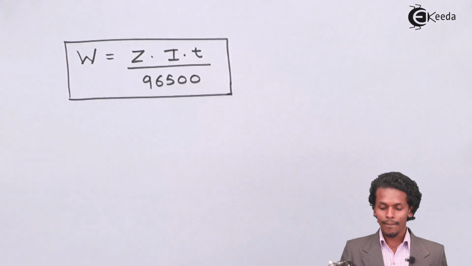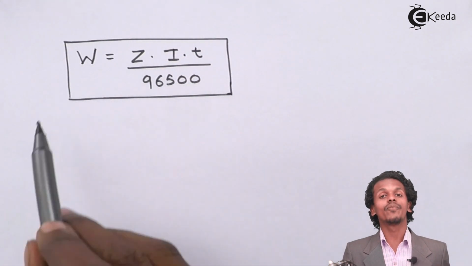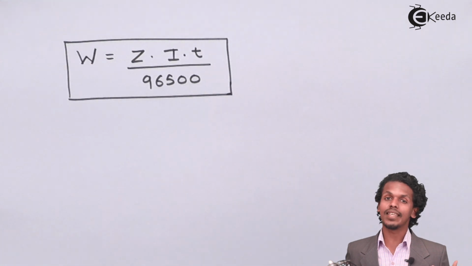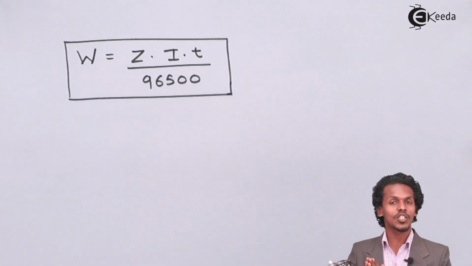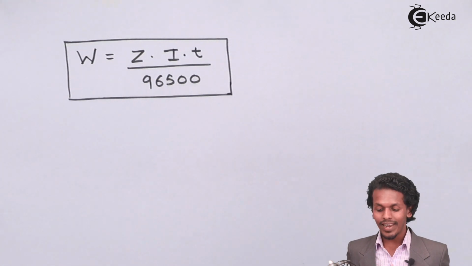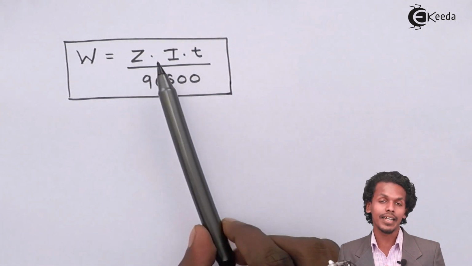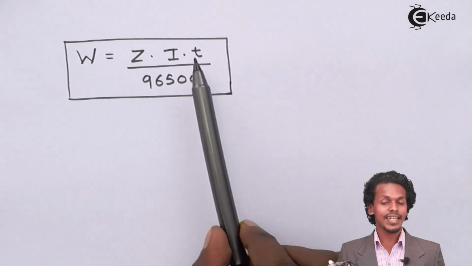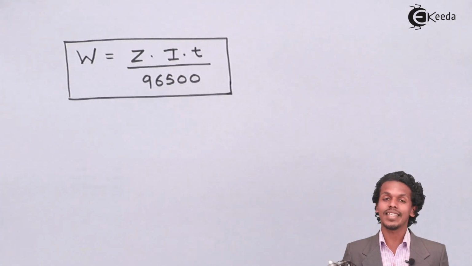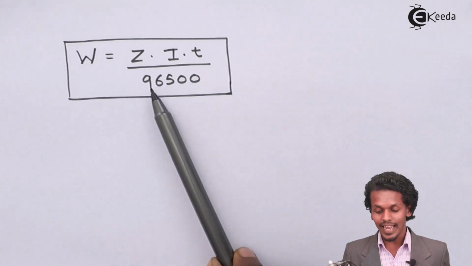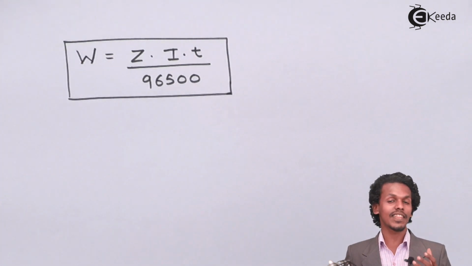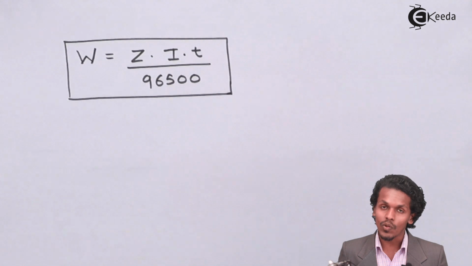In this formula, W means the weight or mass of the substance deposited on the respective electrode, I is the current, T is the time, and Z is the equivalent weight. And this number, 96500, is nothing but the Faraday constant.